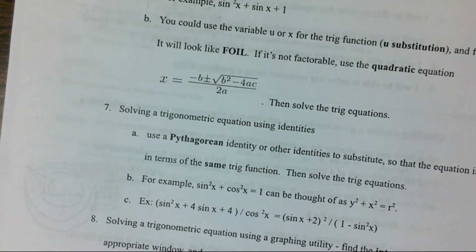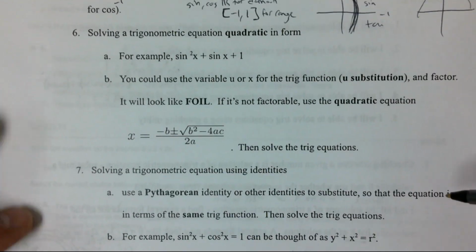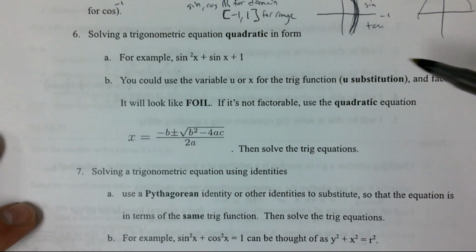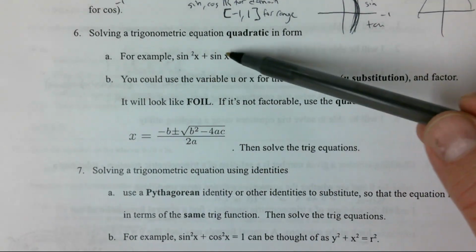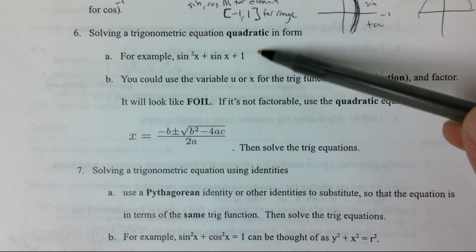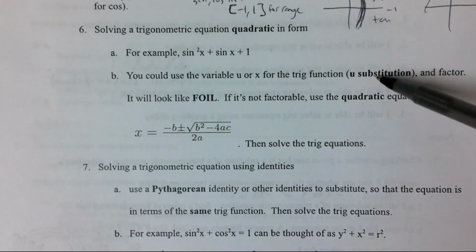Okay. Now also, you're going to have some problems where it's quadratic in form, where it's like sine squared x plus sine x plus 1. Quadratic just means there's going to be a 2 exponent. Well, you could use u substitution if you want.